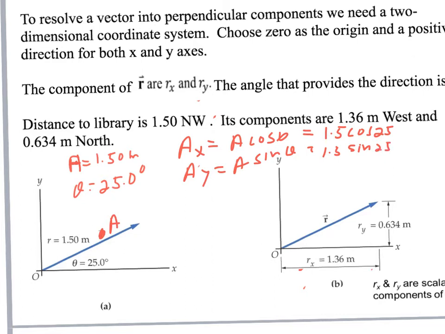So cosine of 25, we plug that into our calculator. Cosine of 25 is 0.906. We won't round that until we get our answer, and then we'll multiply that by 1.5, and that gives us 1.3594, a whole bunch of numbers, but we want to remember our significant figures.